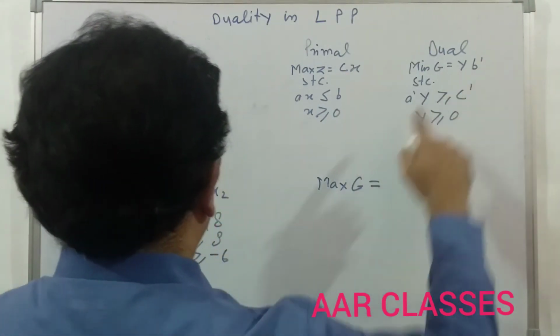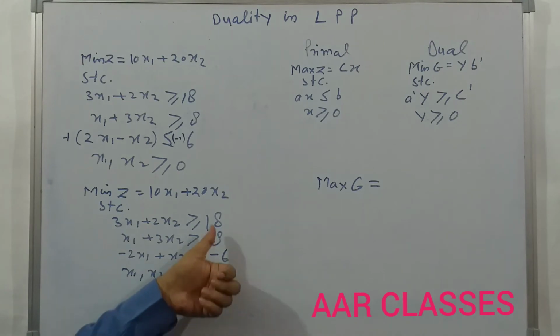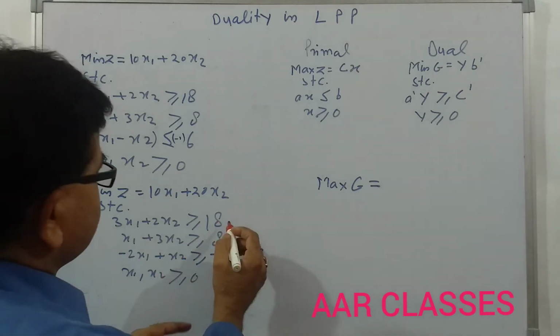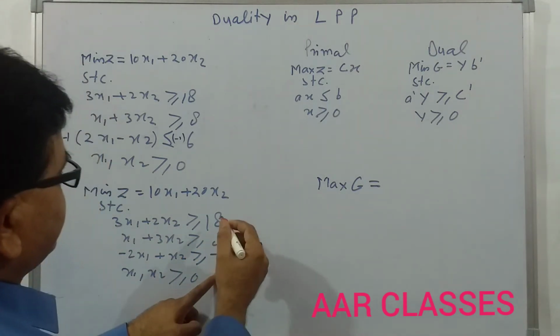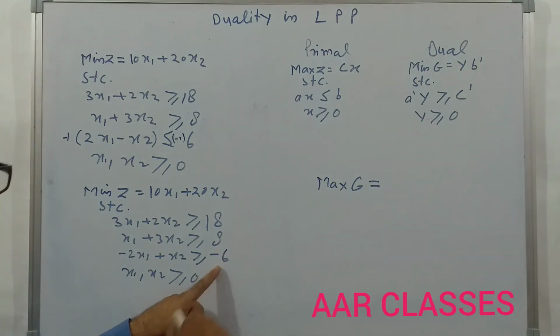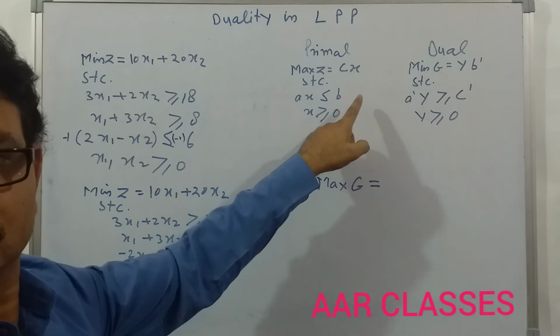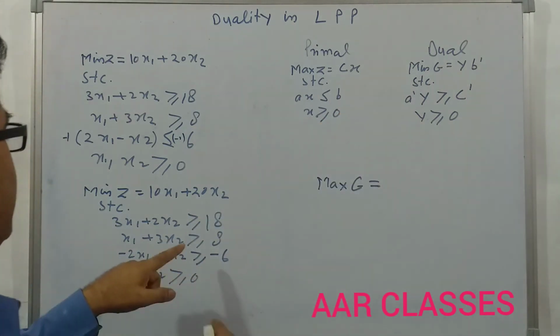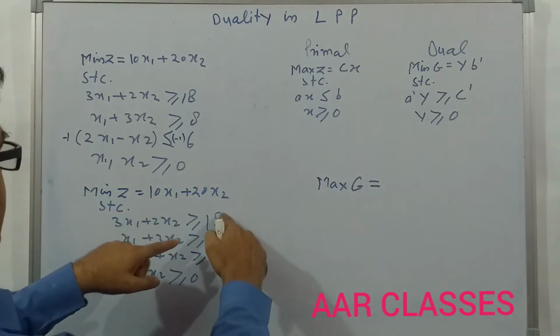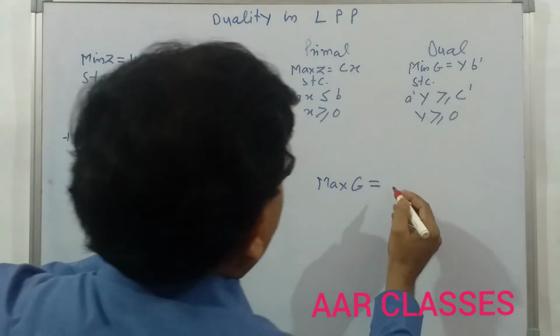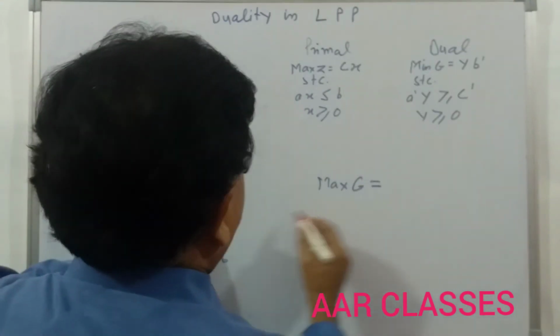What is b dash? तो यहां पर b क्या है? b इज बेसिकली दिस इज b, हियर 18, 8, -6 दिस इज b. सो b was the column matrix of RHS values and so here they are 18, 8, -6.